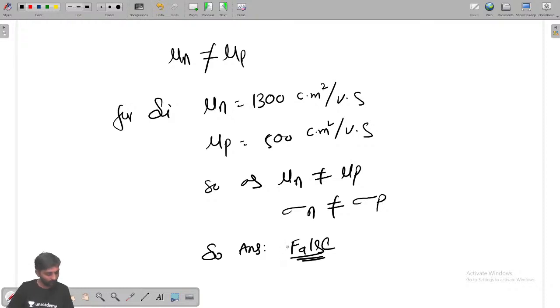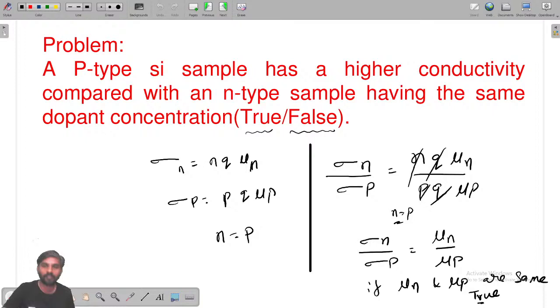Krishnaveni is saying already dopants are the same, same dopant concentration. So n is equal to p. That's what I'm saying. He has already said same dopant concentration, that is n is equal to p.